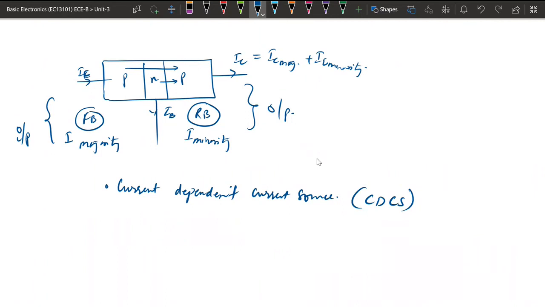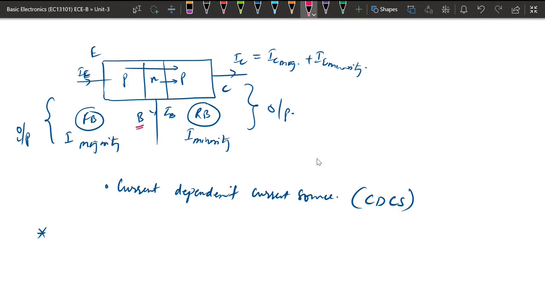So based on whatever the configuration of the terminals are there, like this is the emitter and this is the base and this is collector. So based on the terminal, like this base region is common between the input terminal and the output terminal, or the input region and output region.